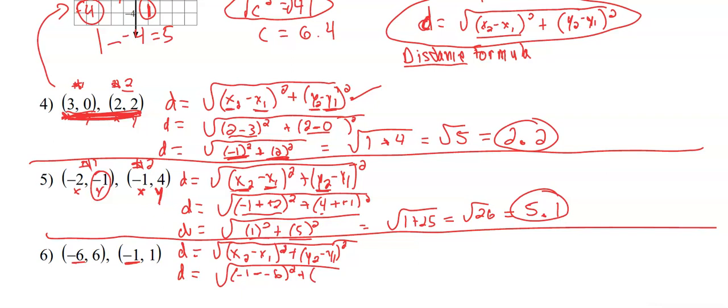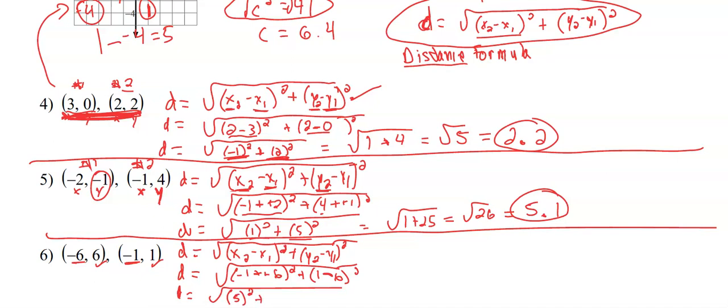Then we go to the y coordinate in the second point. That's the 1 minus the y coordinate in the first point. That's our 6. And then that needs to get squared. So in this first one, we end up with the double negative again. So the -1 plus 6 should give us a +5 squared.